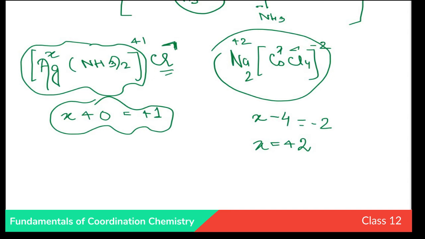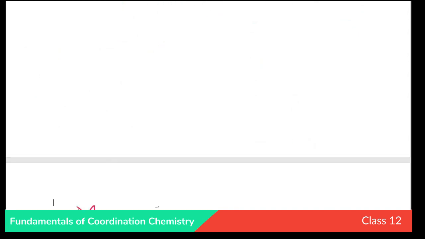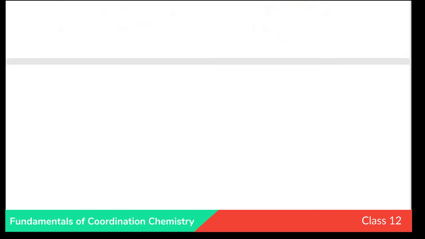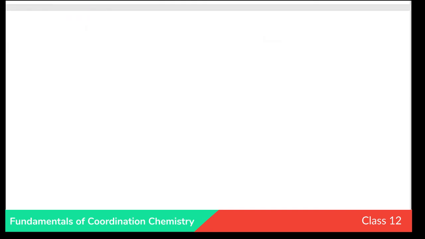So on the basis of these things, coordination compounds were classified into 3 parts. Coordination compounds were further classified on the above observations into 3 parts.